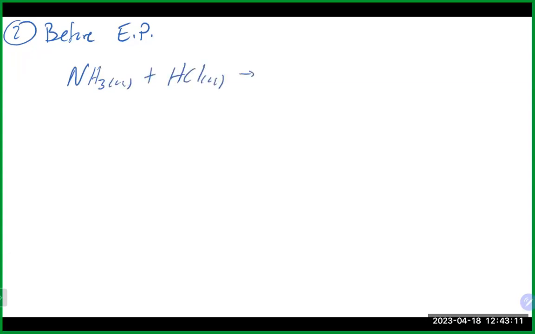So the second part, which is before the equivalence point, we will get a reaction in this case of our weak base plus our strong acid in this example, and it will make ammonium chloride. You could either, once again, keep them together or you can break them apart, whichever way you want to do that.